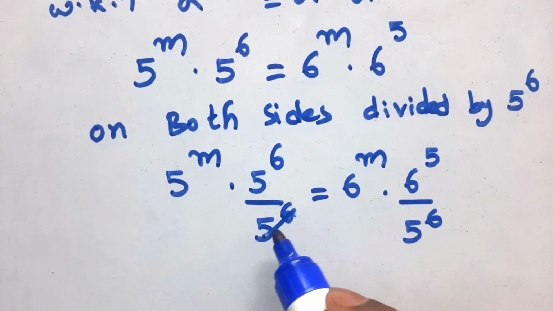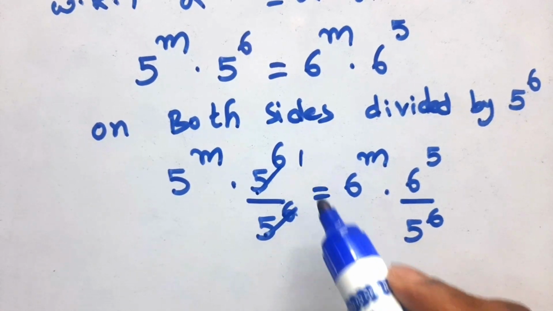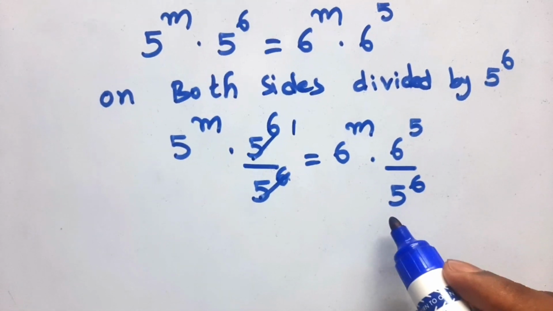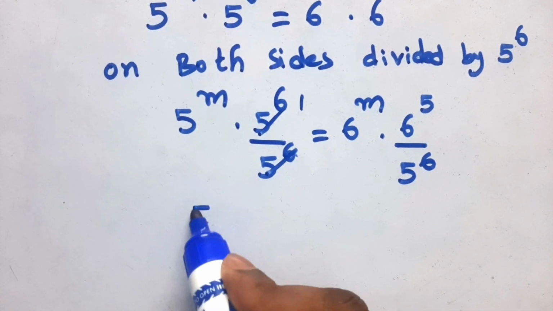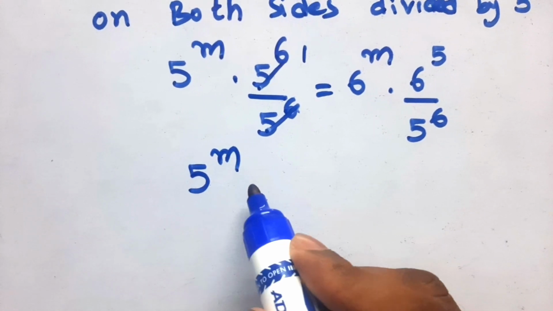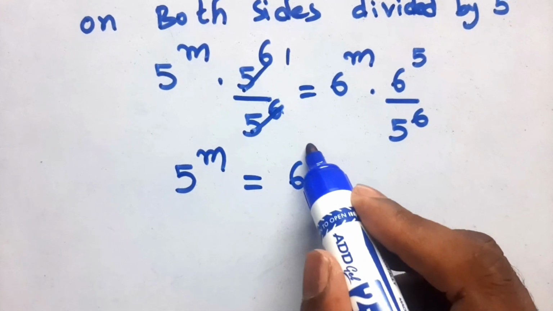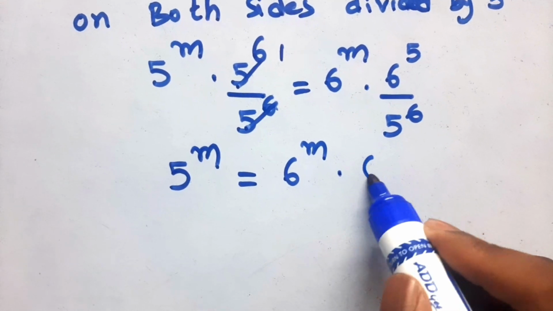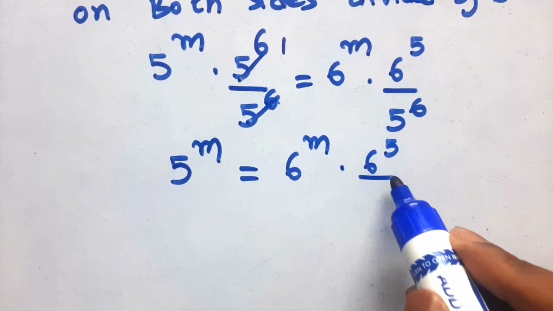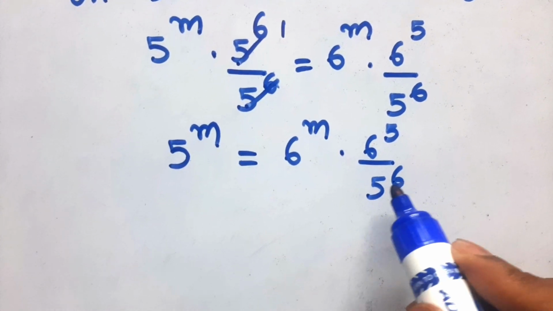Here 5 to the power 6 one time cancelled. After this one, 5 to the power m is equal to 6 to the power m times 6 to the power 5 divided by 5 to the power 6.